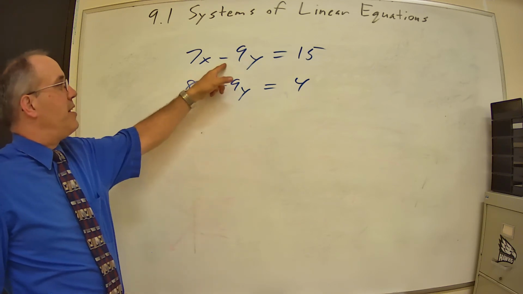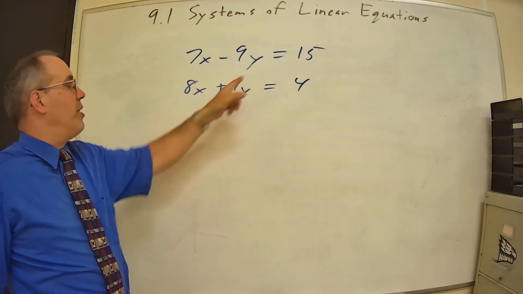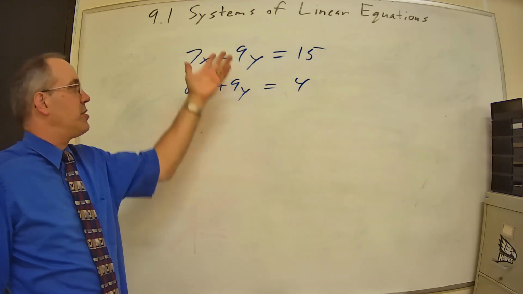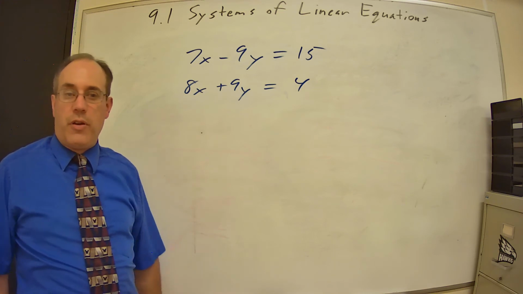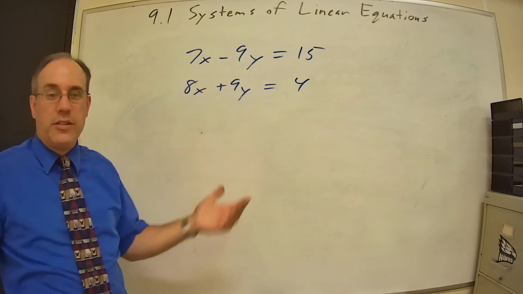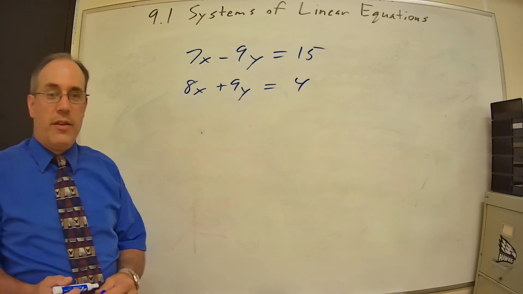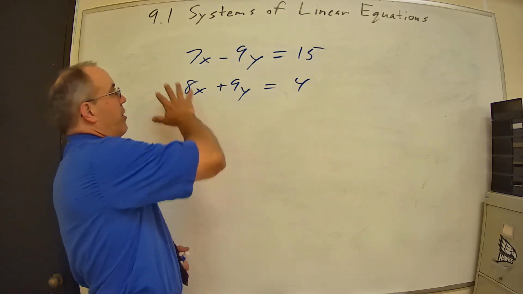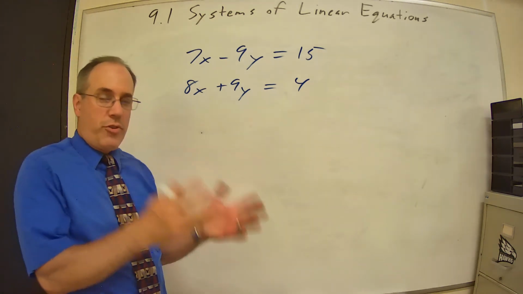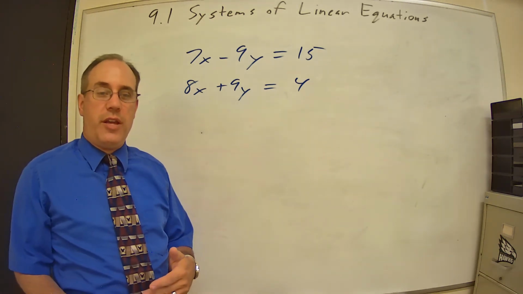But look, I've got negative 9y here, I've got positive 9y here, so if I just add these two equations, y is going to disappear, and I'm going to be left with an equation to determine one variable, and I can solve that.